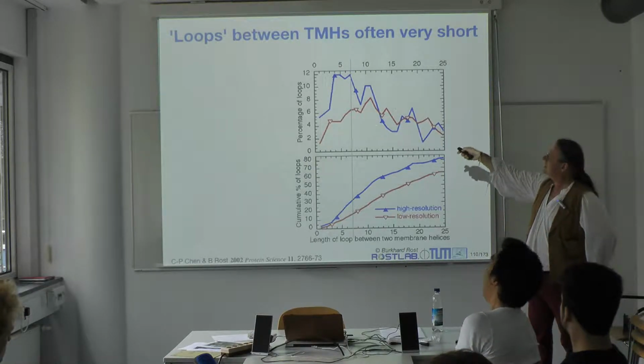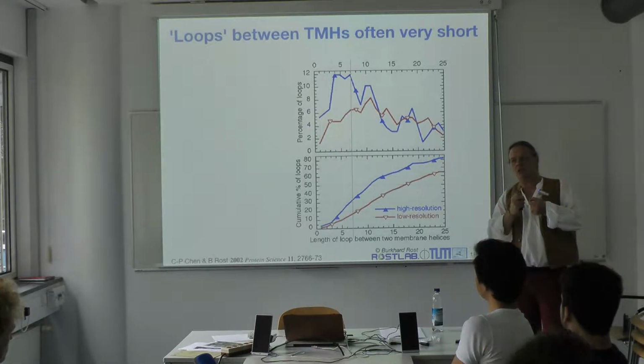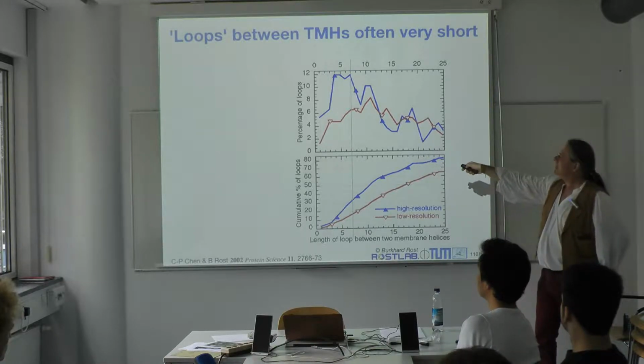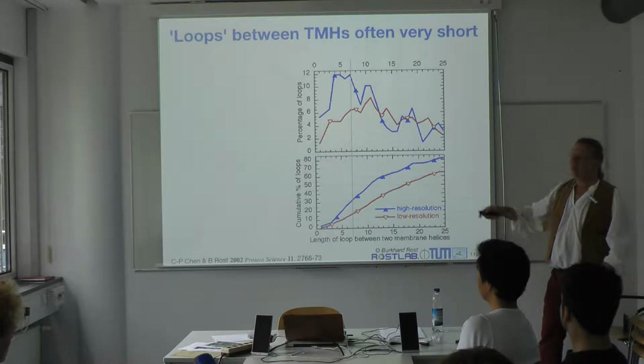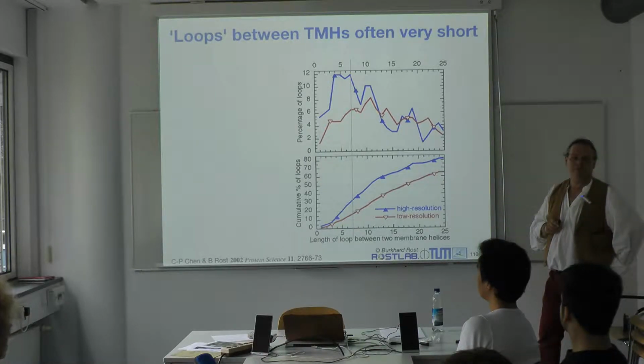But when you look at the more modern structures, you see that the connection is shorter, and in some cases really very, very short. How can a loop be one residue long? Can it?